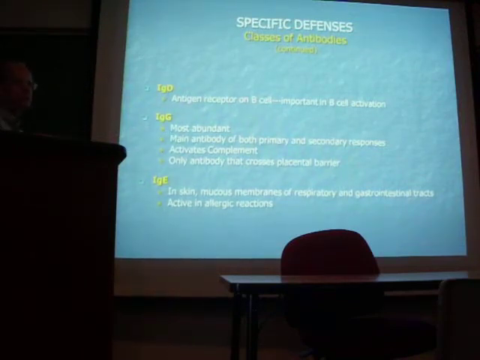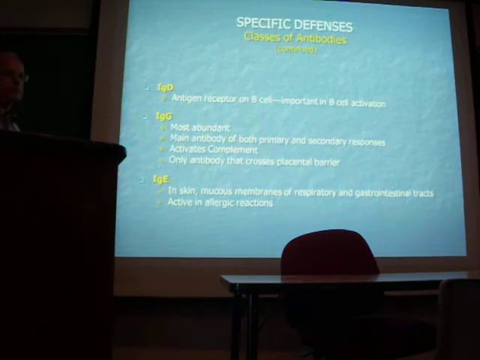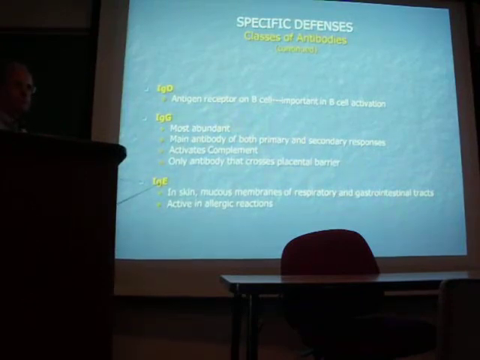IgG are the most abundant. This is the biggest class right here. They are the main antibody of both primary and secondary responses. They also activate complement. They happen to be the only antibody that crosses the placental barrier. And then we have IgE, found in skin, mucous membranes of various tracts. Allergic reactions typically involve these antibodies right here, IgE class.